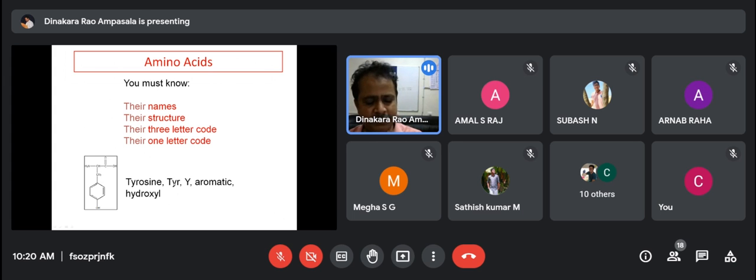We can use the 3-letter code, capital TYR, or the 1-letter genetic code, capital Y. This is an aromatic amino acid with a hydroxyl group. The aromatic ring and hydroxyl group are both there. In this way all amino acids are called by their name, structure, 3-letter code or 1-letter code.